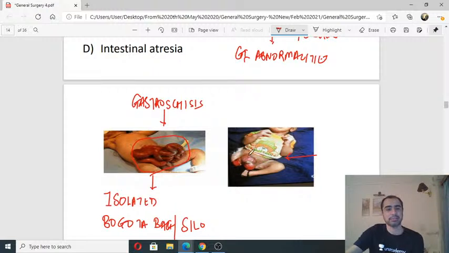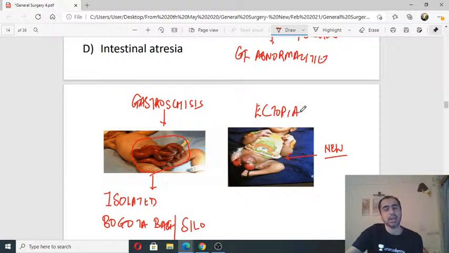What is this child having? This is new. This is my own image. You will not find this in any book. This is not an online image. This is of an actual patient that I have seen. Bladder exstrophy. Very good. This is ectopia vesicae.